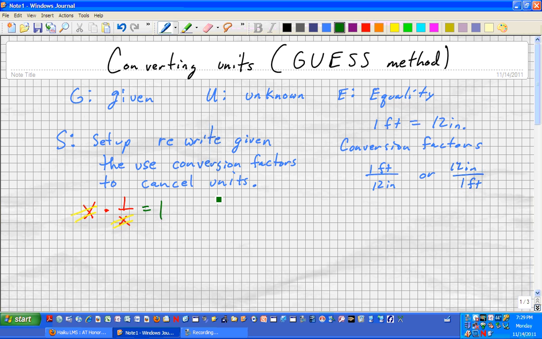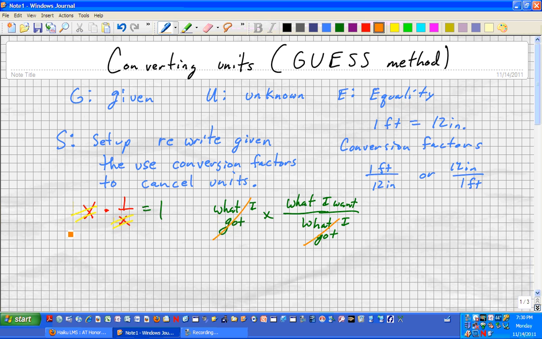What I want to do is, this is what I have, times what I want over what I have. Again, what I have will cancel, and I'm left with what I want. And we're doing that with the units. As we do an example, it'll become more apparent.